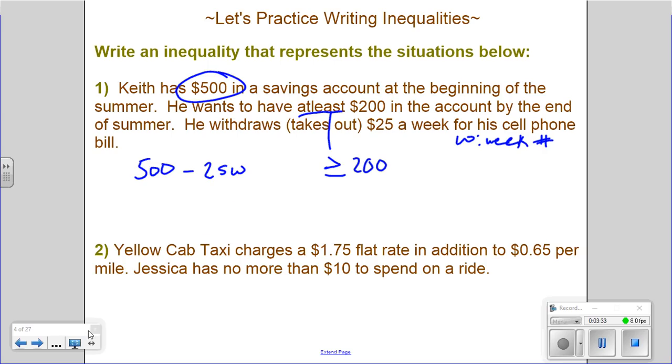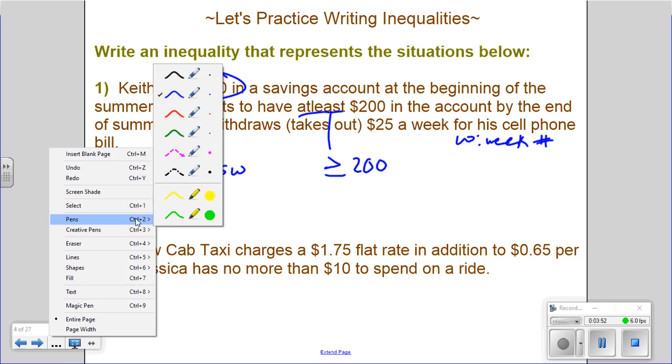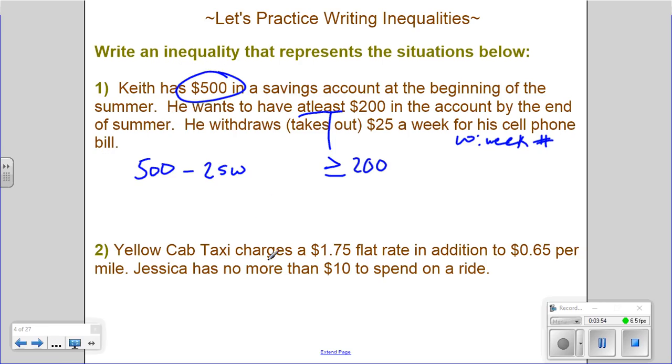Number 2, yellow cab taxi charges $1.75 flat rate. In addition, it charges 65 cents per mile. Jessica has no more than $10 to spend on a ride. So it uses the phrasing no more, which means she can spend less than 10 or exactly 10, but she can't go over.